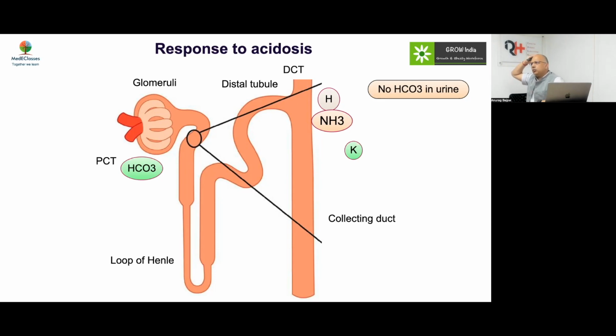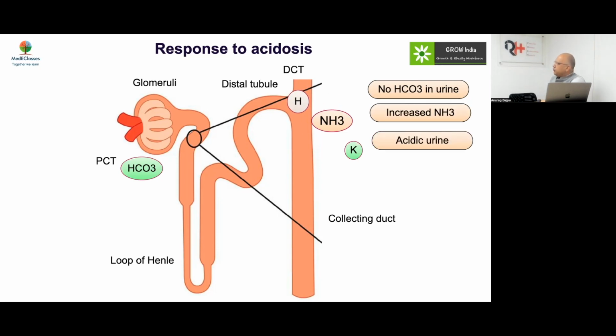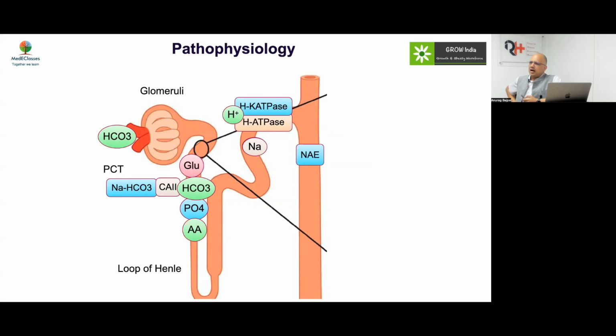So the urinary osmolar gap and the urinary anion gap, which I'll talk about a bit later, should also be positive. So that is a normal response in that scenario. And then, of course, you should have an acidic blood and an acidic urine. So the normal response is to have acidic urine. You will expect potassium loss to happen in that regard.